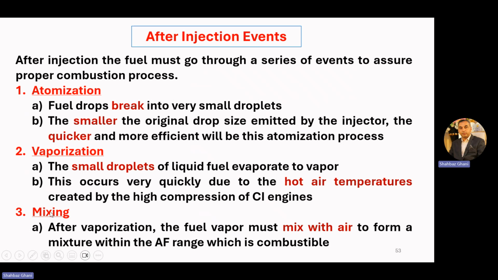Now mixing. After vaporization, the fuel vapor must mix with the air to form a mixture within the air-fuel range, which is combustible. So after atomization and vaporization, mixing is the next process.